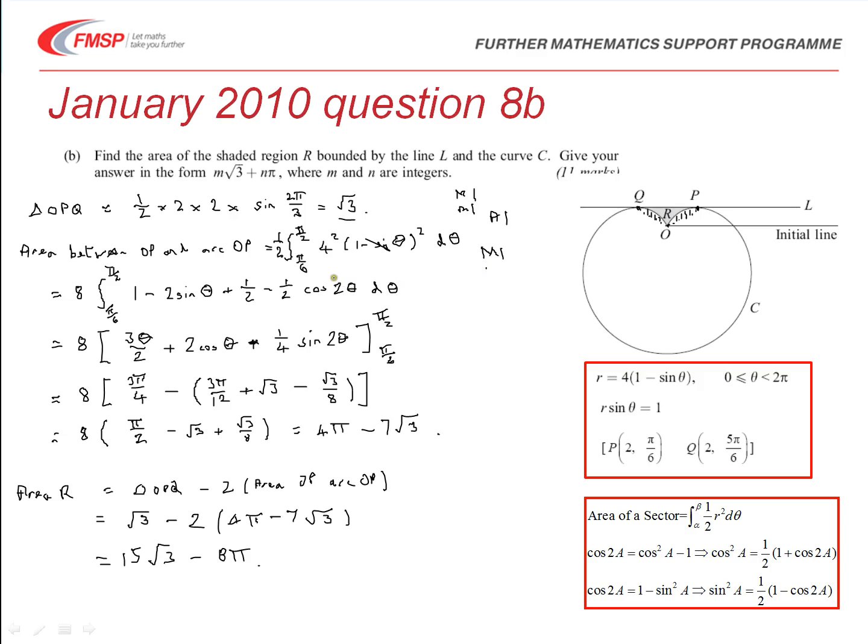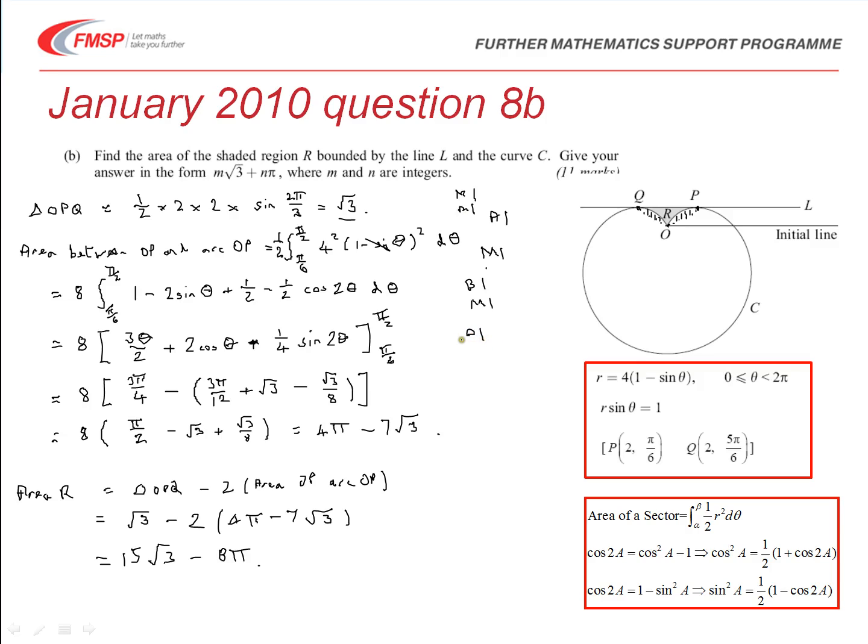And for ending up with this statement as to the integral, you'll get 1 mark, and then simplifying it down to being in terms of cos 2 theta will give you a mark. Obtaining the correct integration will give you a mark.